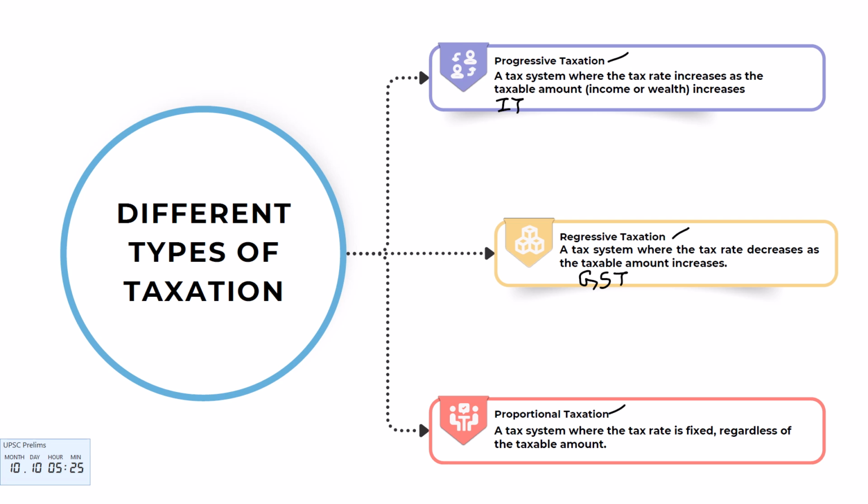However, it can still disproportionately affect lower income groups as the fixed percentage represents a larger portion of their disposable income. Like, let's say a country had a flat income tax of 10% for everyone regardless of income. While no major tax in India is purely proportional, some cesses or charges might appear proportional on the base tax amount. So these three are the different types of taxation methods.